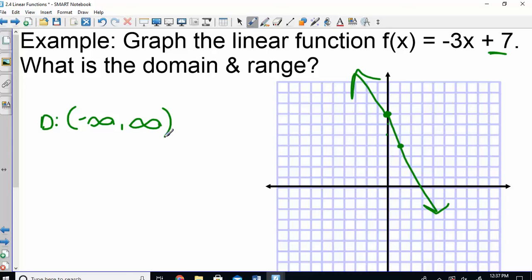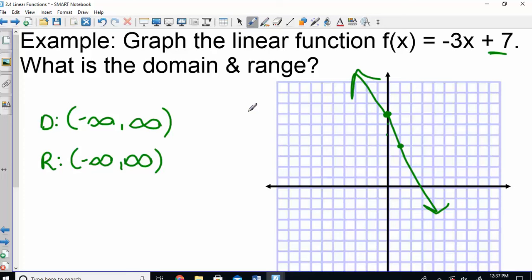So that's going down forever, and this side's going up forever. So it is also negative infinity to positive infinity. That will be the case always for every line unless your line is vertical or horizontal. As long as it's a regular slanted line, non-vertical or horizontal, domain and range are always negative infinity to positive infinity.